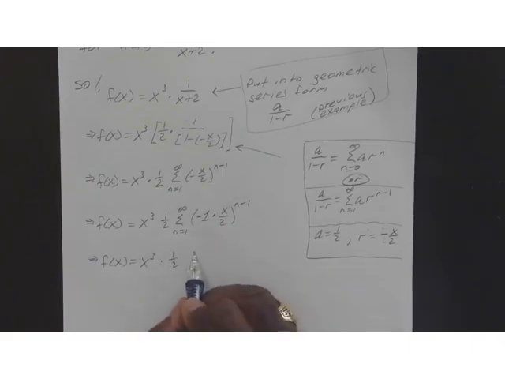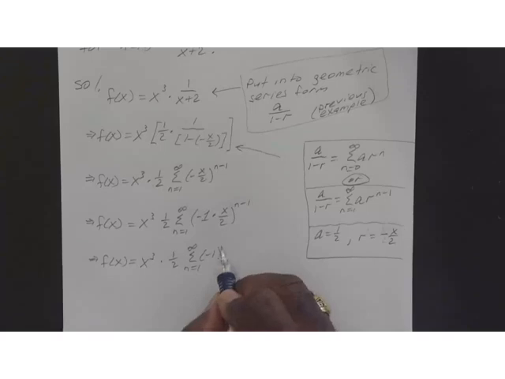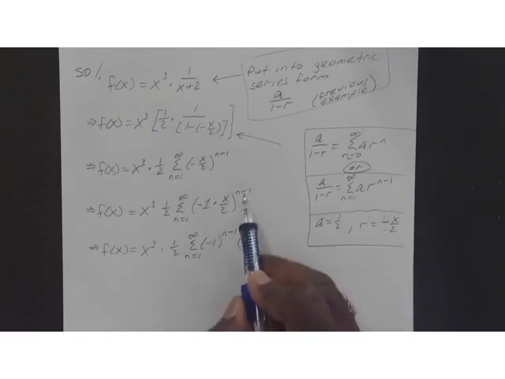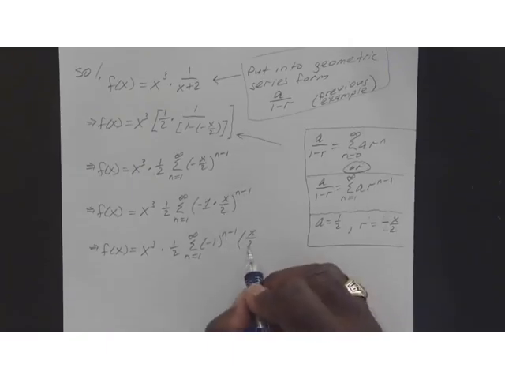We have 1/2 times the sum from n equals 1 to infinity of -1 to the power of n minus 1, times x divided by 2 to the power of n minus 1.